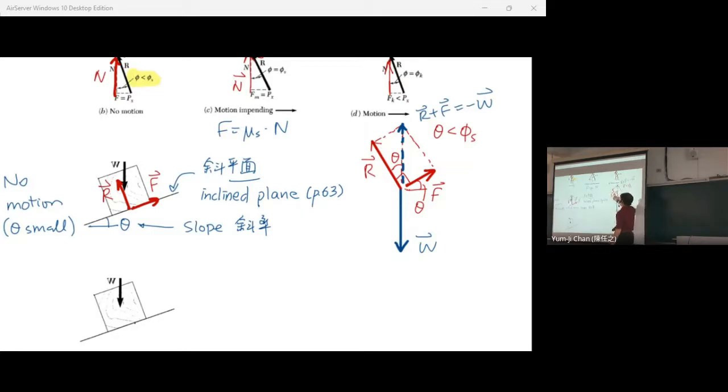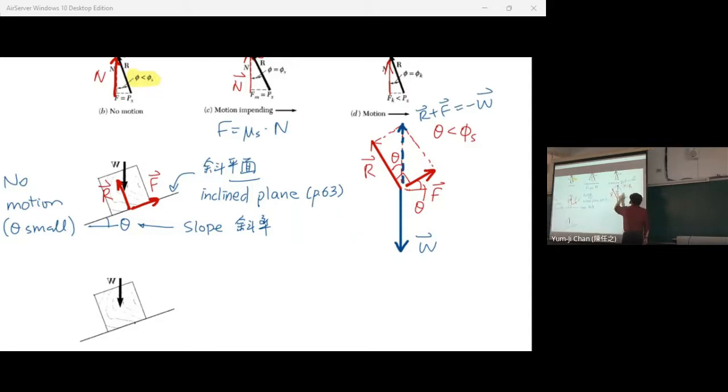And there is a relationship between R and F, because F is equal to mu times R. But in this case we haven't reached this mu s yet. We have a very small value here.